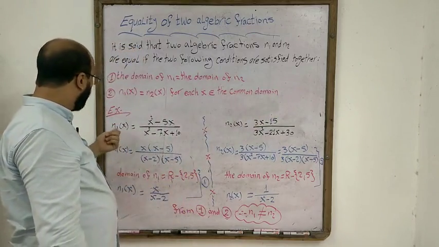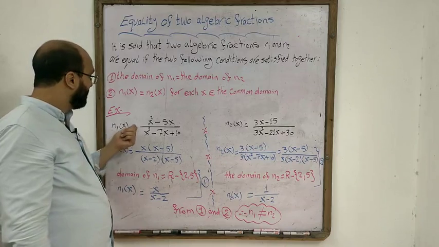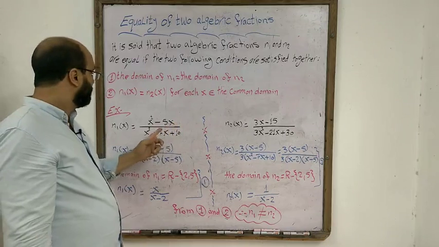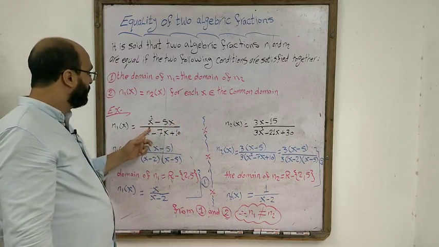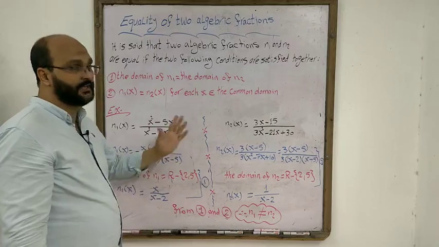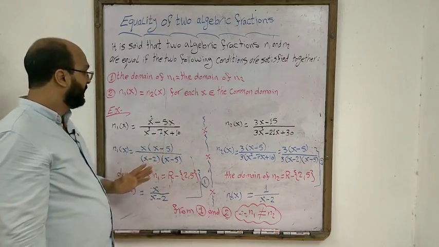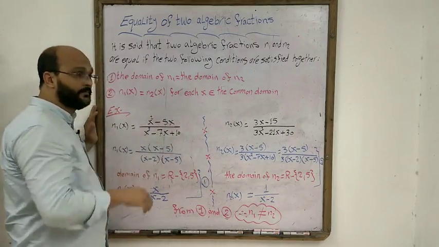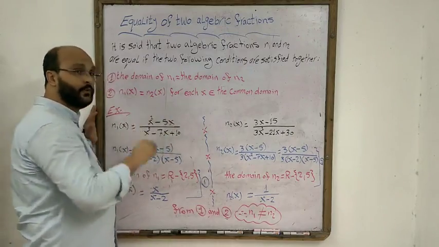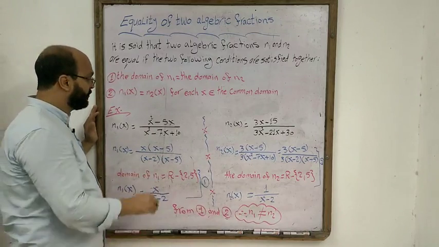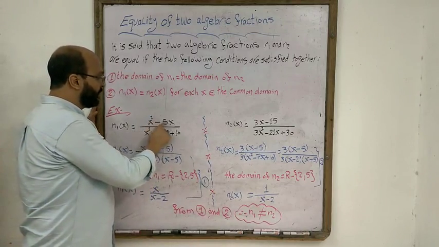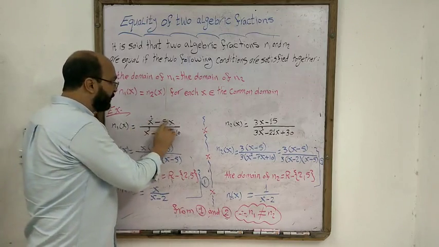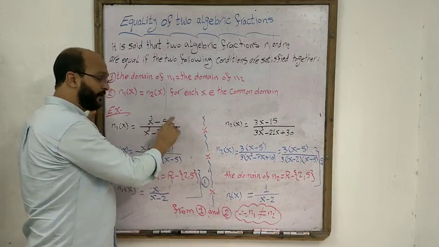For example, we have n1 of x equals x to the power of 2 minus 5x over x to the power of 2 minus 7x plus 10. First, let's simplify n1 by factorizing it. In x to the power of 2 minus 5x, we have the common factor x.